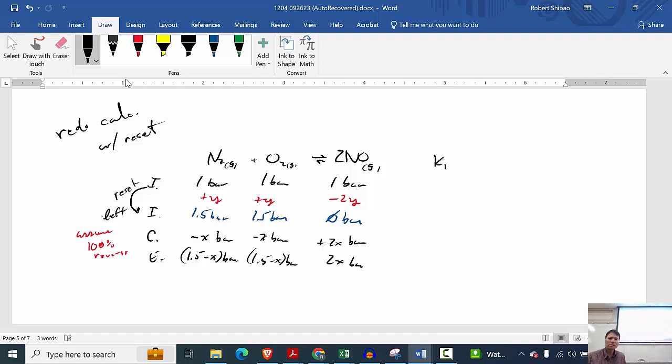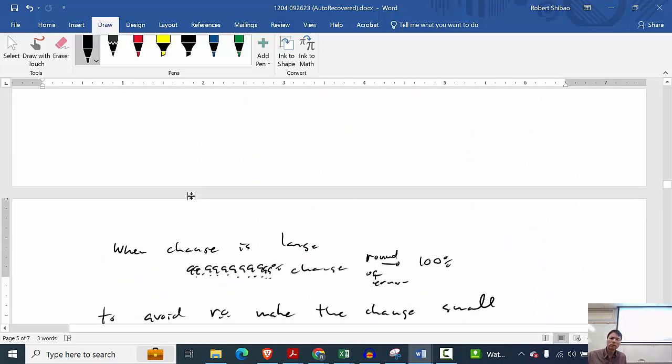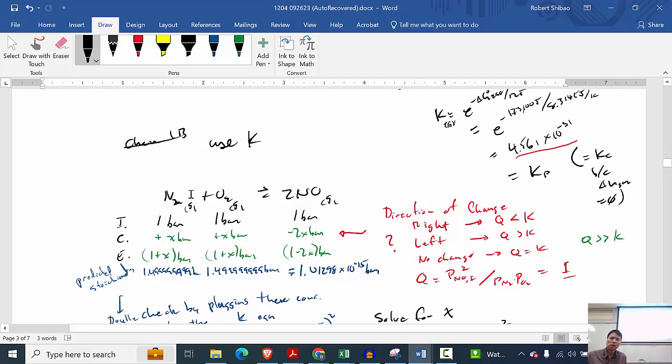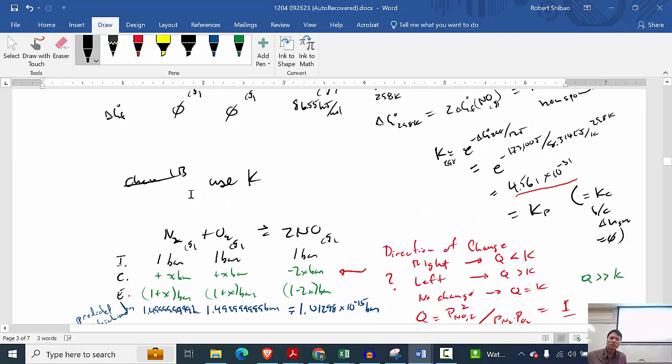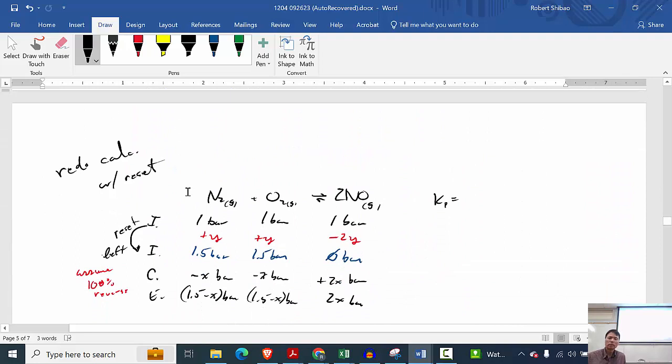We saw that the Kp for this was 4.561 times 10 to the minus 31. I typically carry extra digits until the very end, and then I'll try to round it properly. This is going to be the partial pressure of the products over the partial pressure of the reactant. So we're going to have this one.